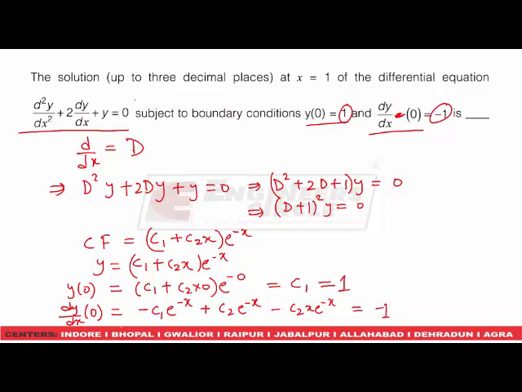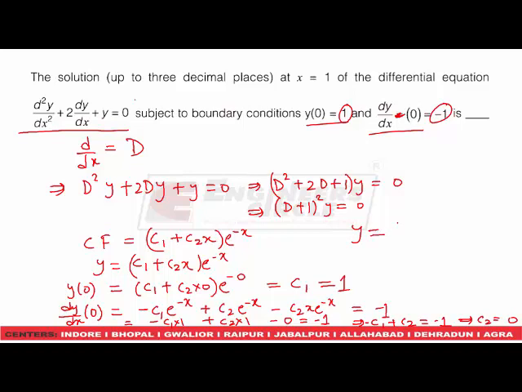So putting x equal to 0, e to the power minus 0 is 1, so it is minus c1 into 1 plus c2 into 1, and here x equal to 0 so the last term is 0, equal to minus 1. So from here we are getting minus c1 plus c2 equal to minus 1. Since c1 is equal to 1, minus 1 plus c2 will be minus 1, which implies c2 will be equal to 0.